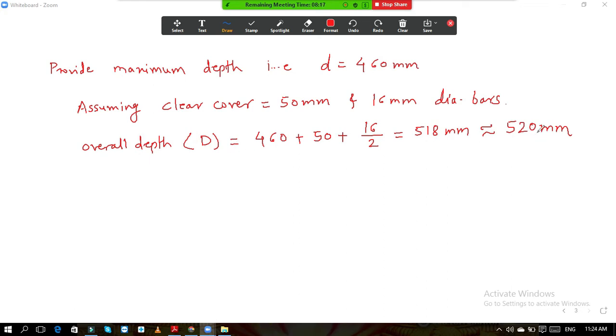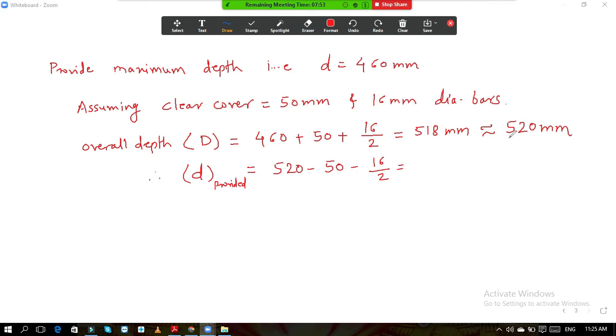So if you increase the overall depth, then there will be increase in effective depth also. So therefore, again we will calculate the effective depth which we are going to provide. It is 520 as your overall depth minus clear cover minus half of bar diameter.